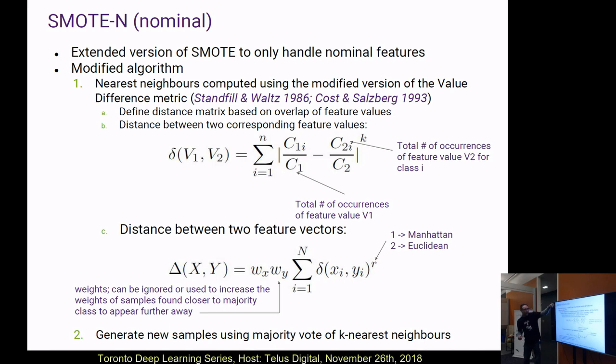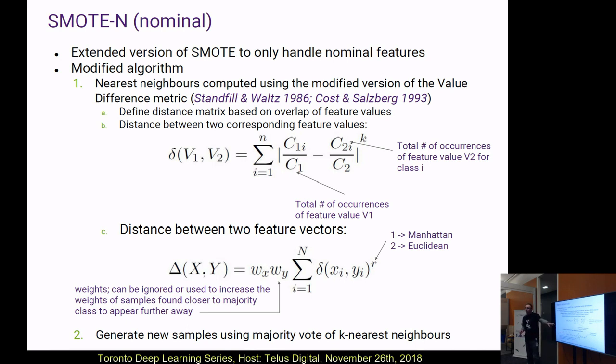So for every value, you're looking at the total number of occurrences for, say, feature 1 or 2 in a given class I. And then you're looking at the total number of occurrences in that class, and you're calculating that ratio and doing the subtraction to give some new form of a distance metric. So you can imagine if R is equal to 1, it's the typical Manhattan distance. If R equals 2, it's the Euclidean distance. And then you can just calculate the total distance as your sum over this matrix.